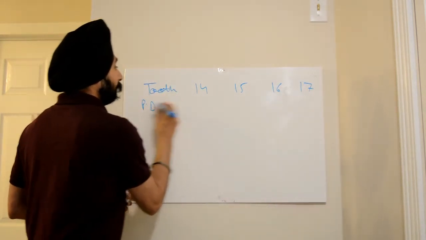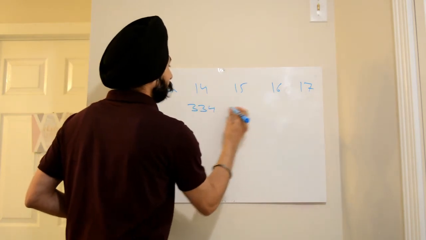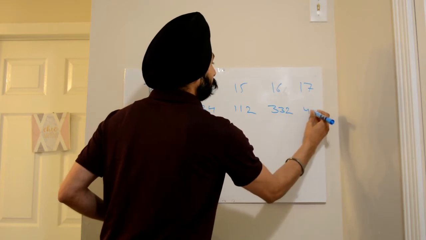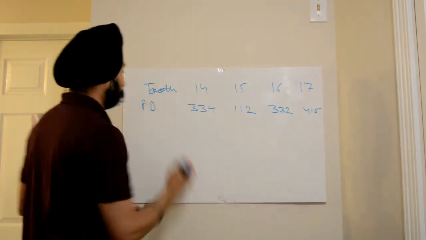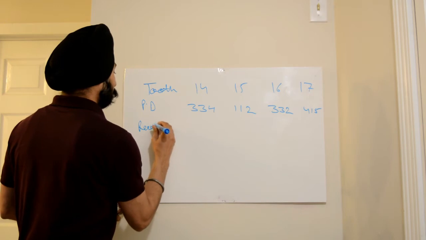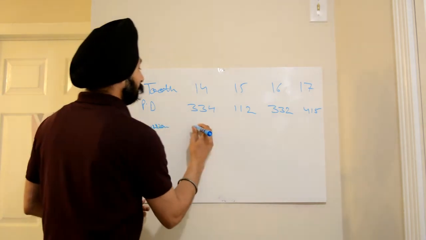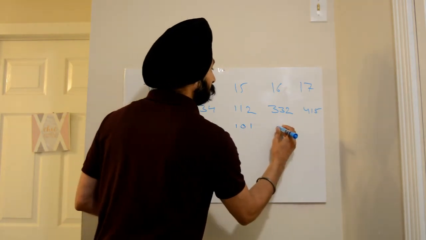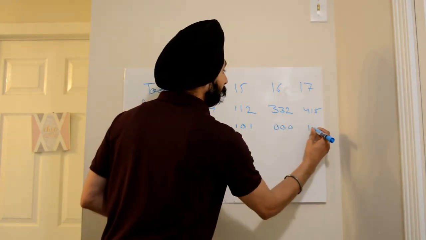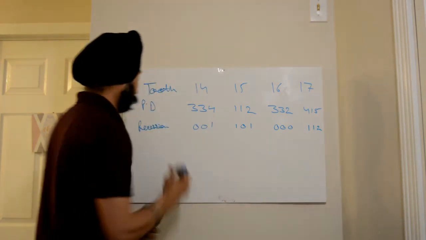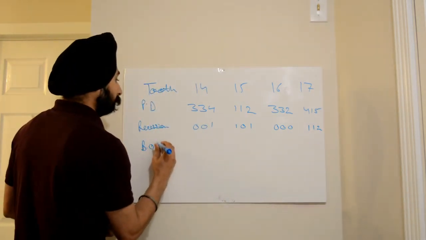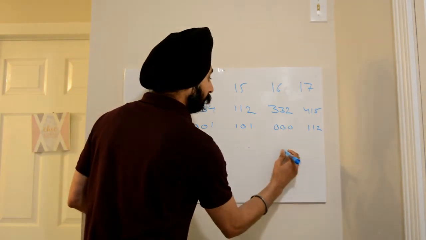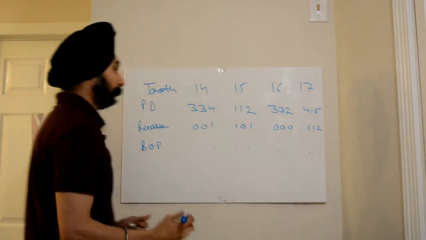The probing depths are 3, 3, 4, 1, 1, 2, 3, 3, 2, 4, 1, 5. Let's talk about recession. 0, 0, 1, 1, 0, 1, 0, 0, 0, 1, 1, 2. Bleeding on probing. Let's say it is present here, here, here and here.